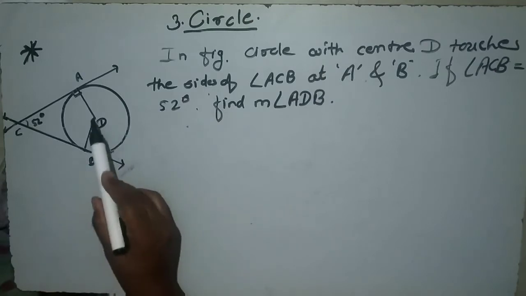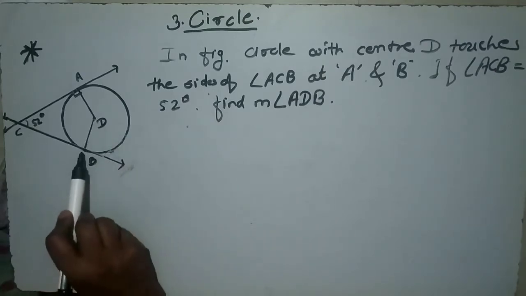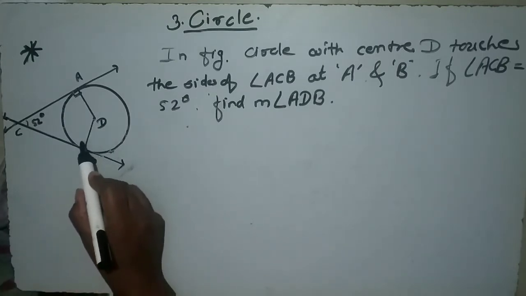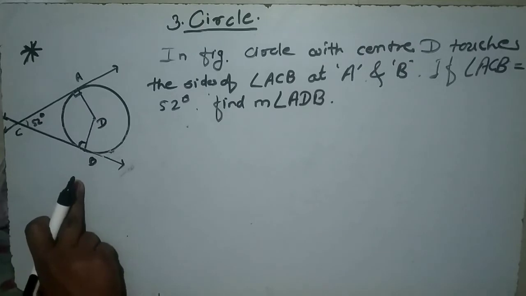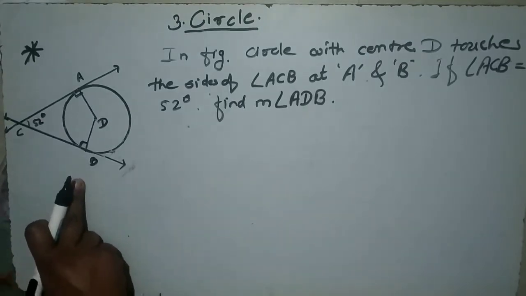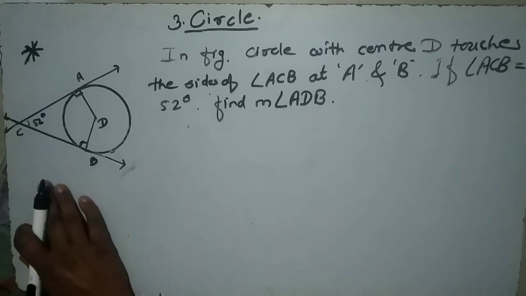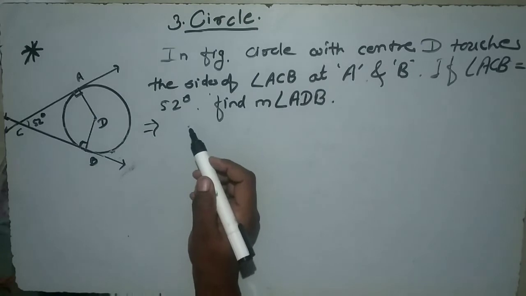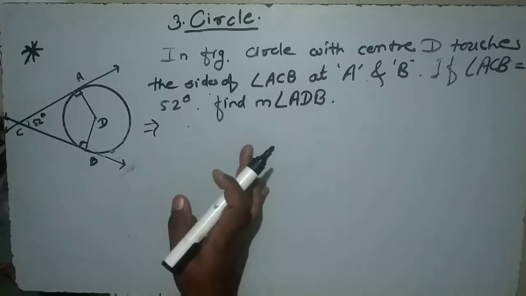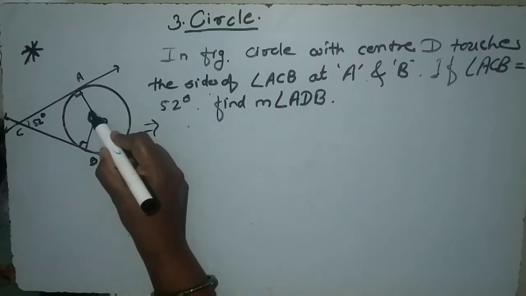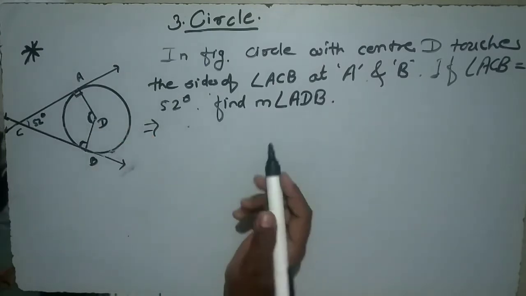In the same way, here DB is a radius and CB is a tangent. That's why angle DBC is also 90 degrees. After that, if we use the sum of all angles of a quadrilateral equals 360, you will get the measure of angle ADB.